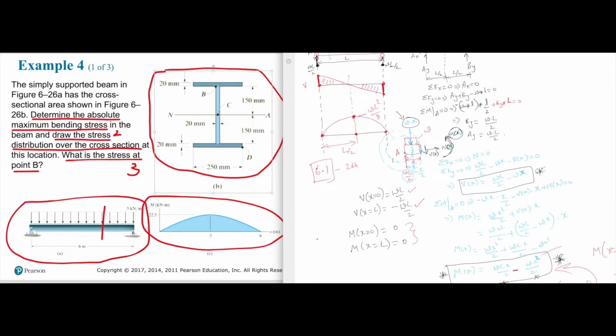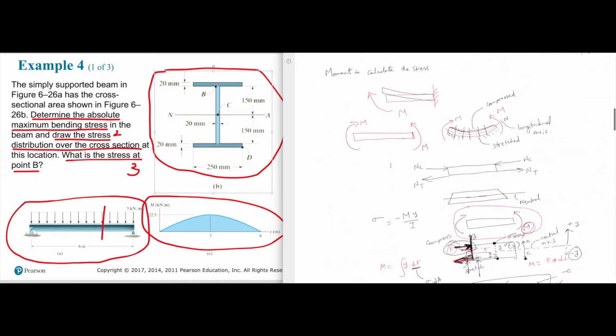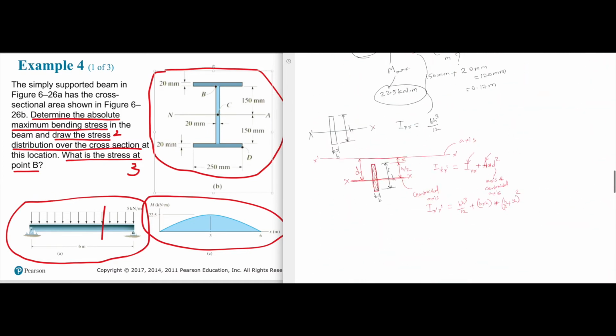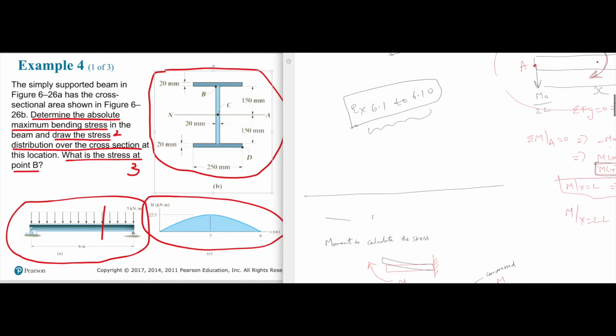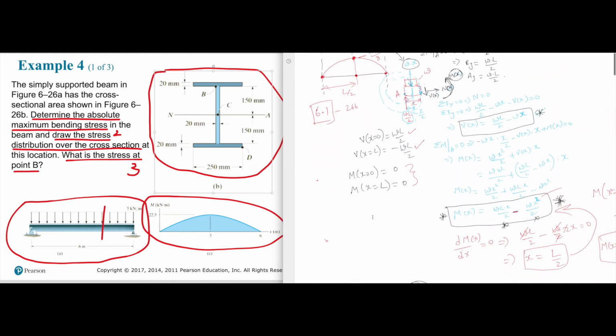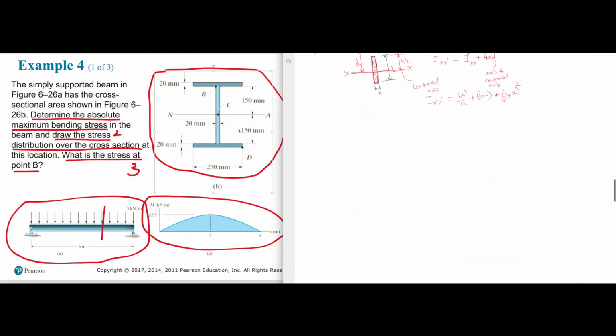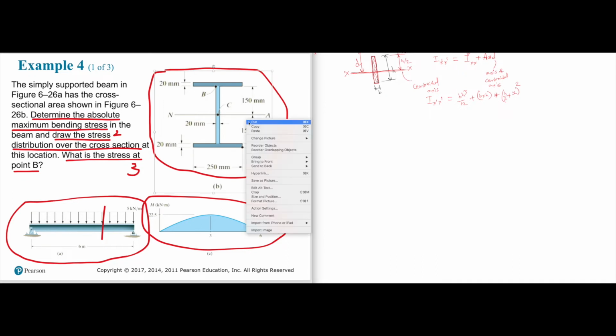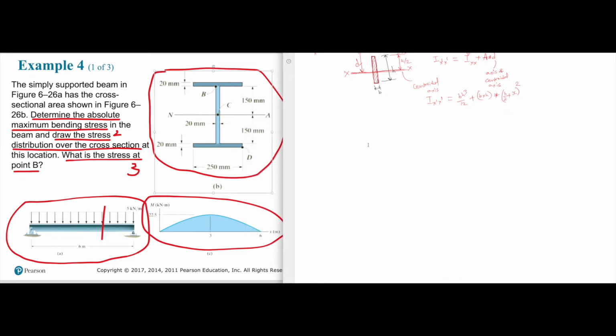Where did I paste it? Copy, paste. Okay, there you go.